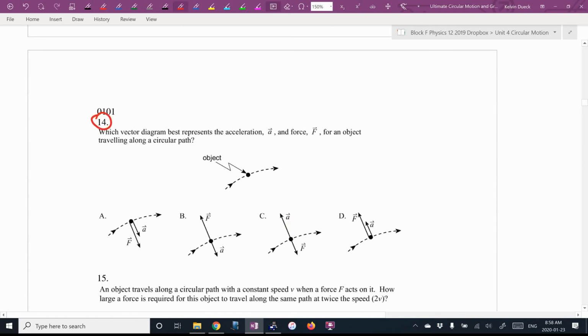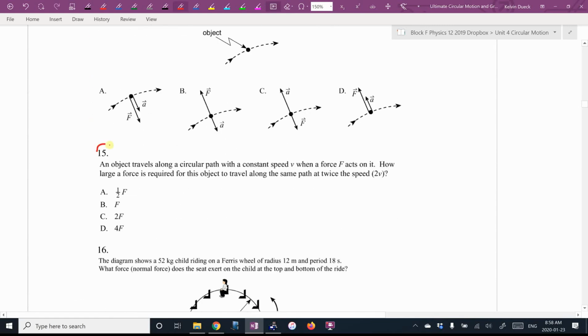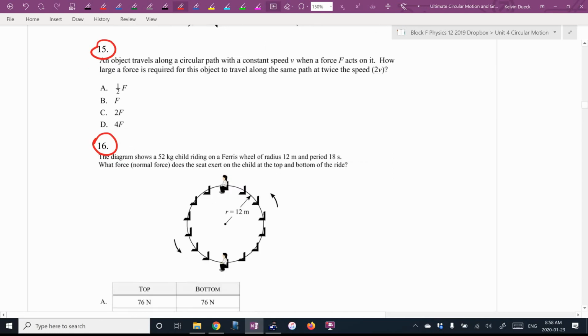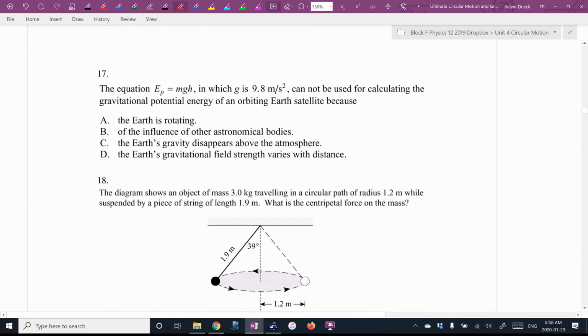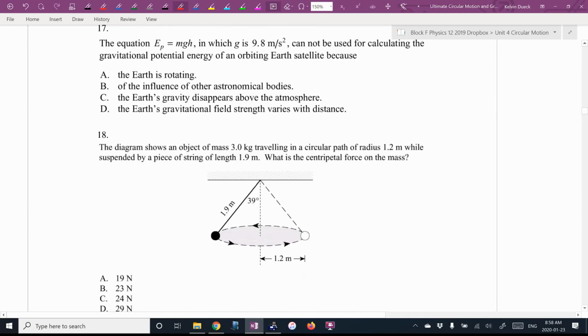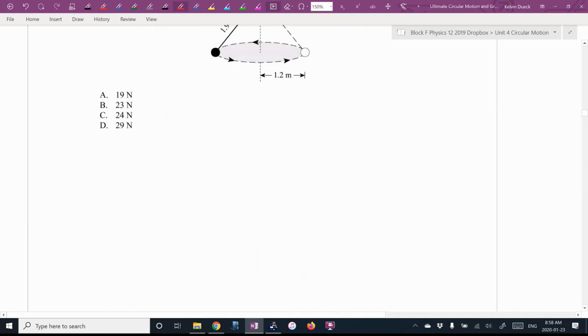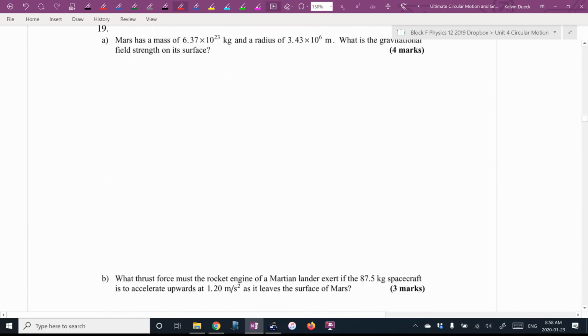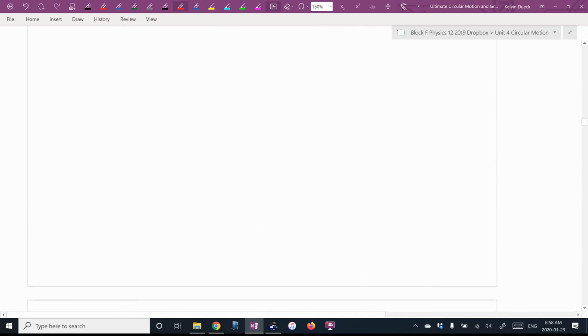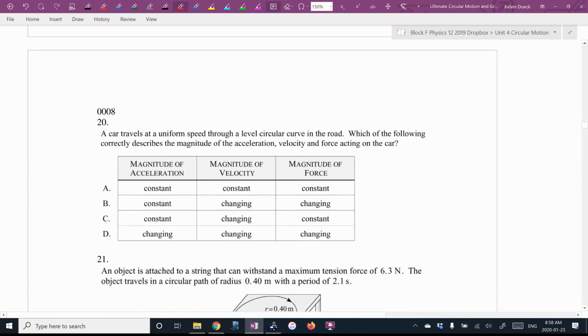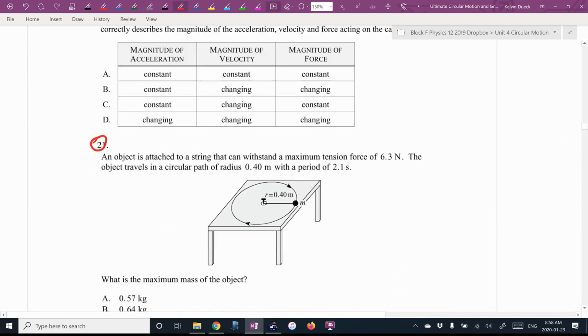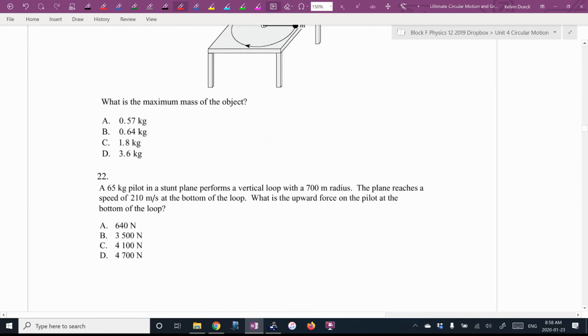14 is good. 15 is good. 16 is good. Skip 17. 18 is good. Skip 19. 20 is good. 21 is good. 22 is good.